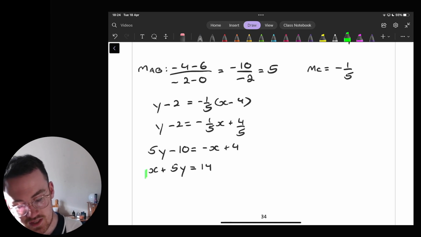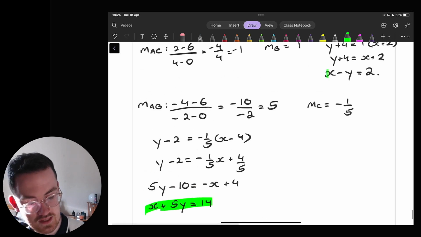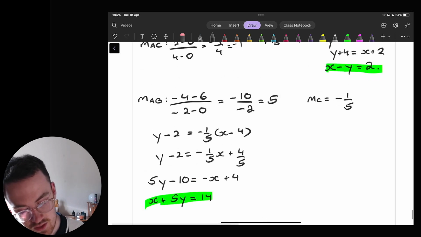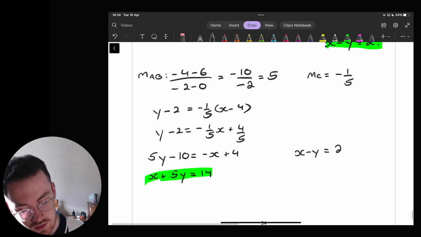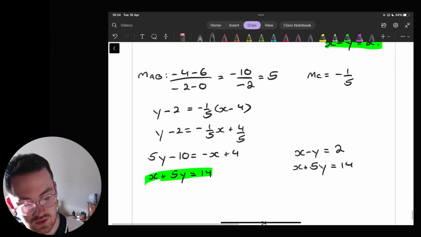So now taking my two lines that I have: x minus y equals 2, and x plus 5y equals 14.